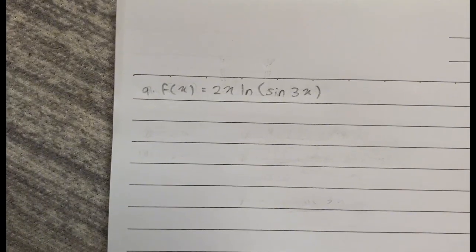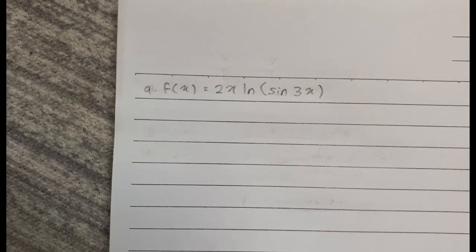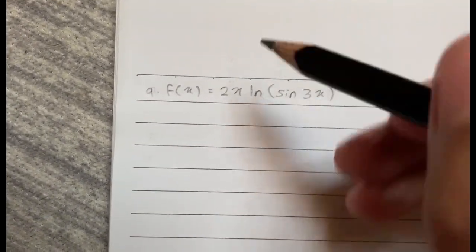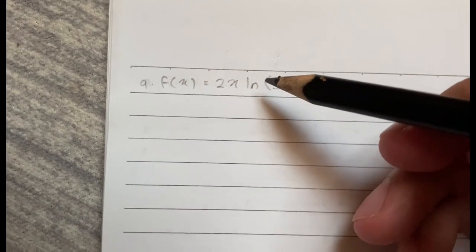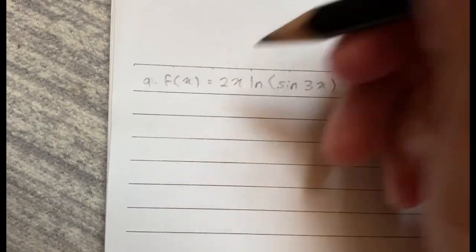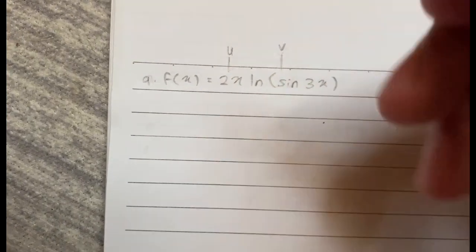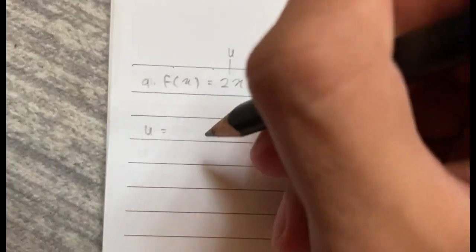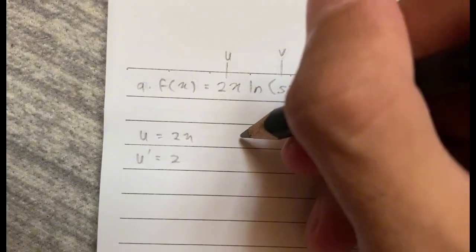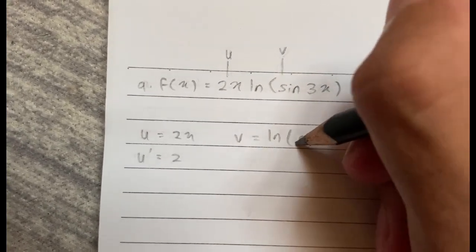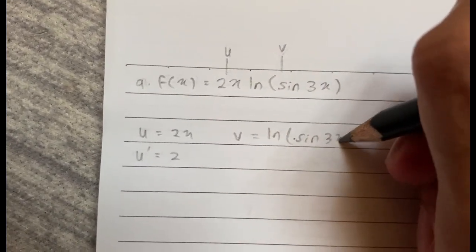Okay, for question 2a, f(x) equals 2x ln sin 3x. First, we can see this is separated by a multiplication operation, so we need to use the product rule. First we label this u and this v. u is 2x, and when we differentiate we get 2. For v, it is ln sin 3x.